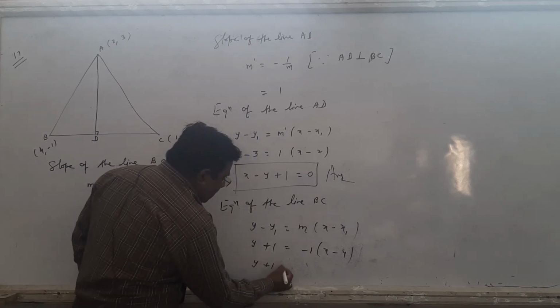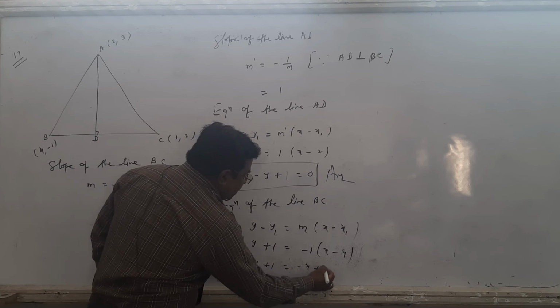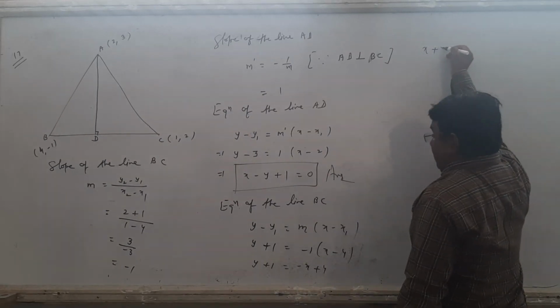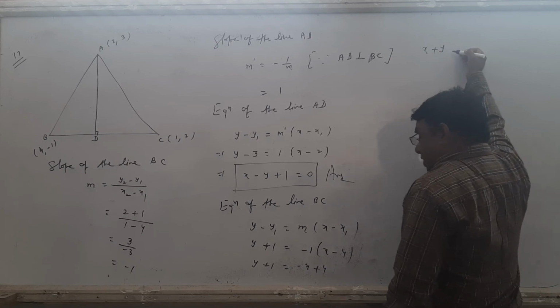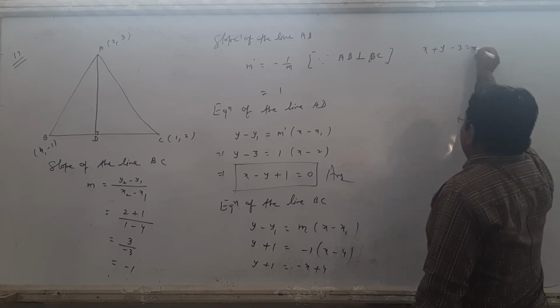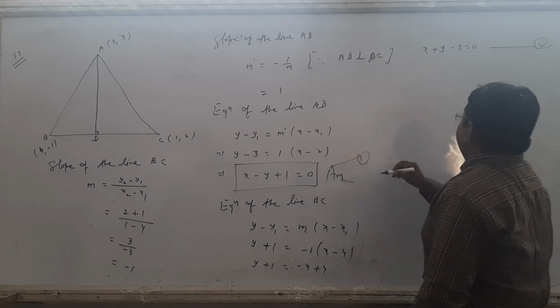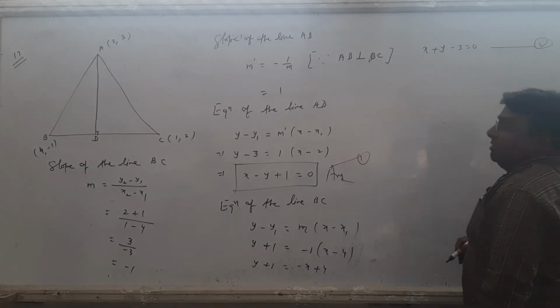y plus 1 equals minus x plus 4. Then x plus y minus 3 equals 0. This is the equation of line BC. Right?